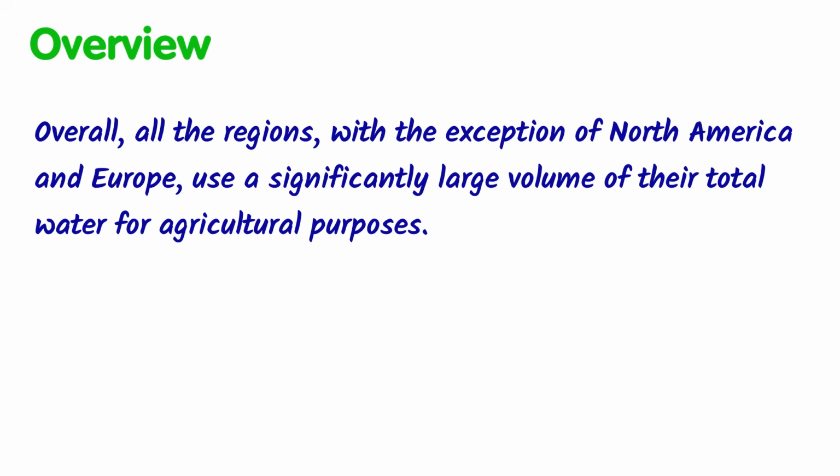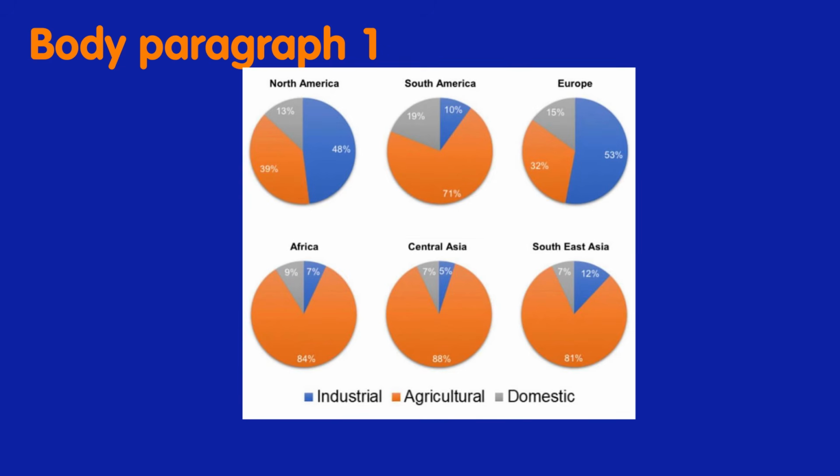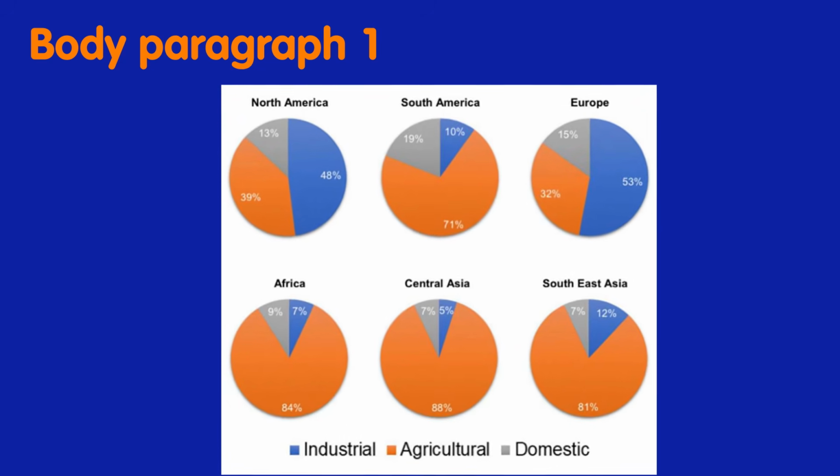Very good. Now let's move on to our next paragraph, our first body paragraph. So we are going to write about North America, South America, and Europe. So let's take a look at North America and Europe. Okay, so as you can see, in North America and Europe, almost half of the total water is used for industrial purposes, right?